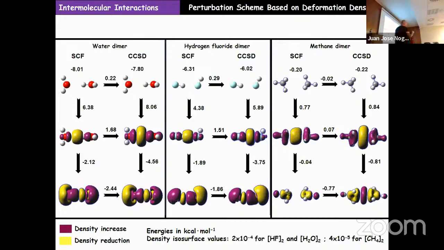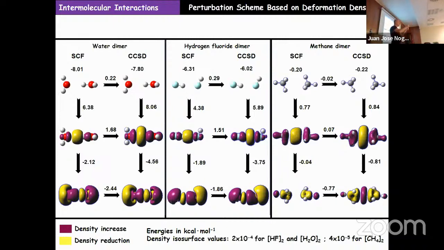What happens with the electron correlation? What happens with the mean distance between electrons when I compare a correlated wave function with an uncorrelated one? Why is the coupled cluster CCSD energy lower than the Hartree-Fock energy? Because of repulsion. The repulsion energy is overestimated in Hartree-Fock, and this is the main problem of Hartree-Fock.